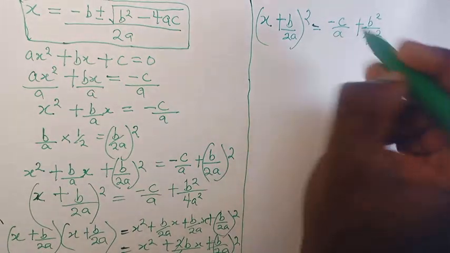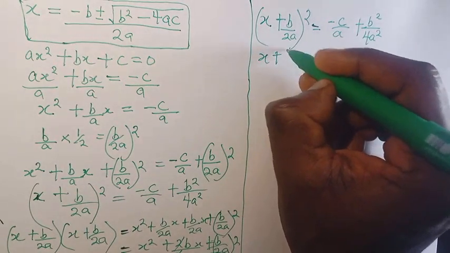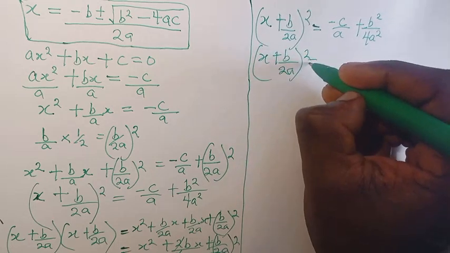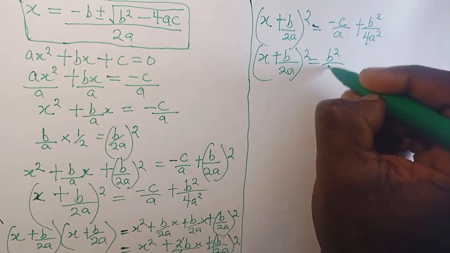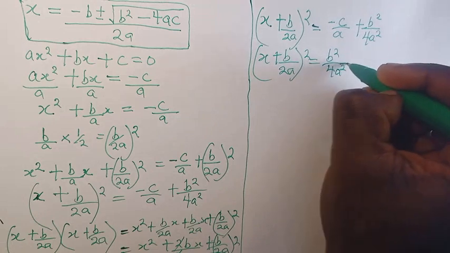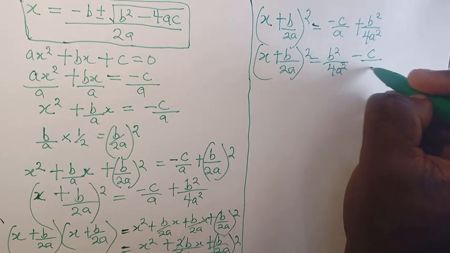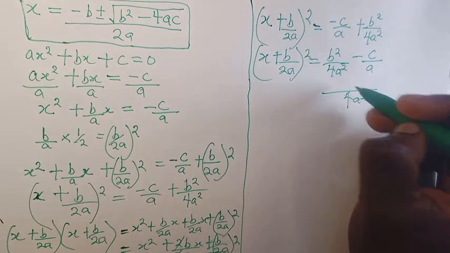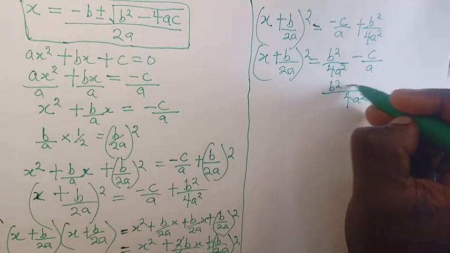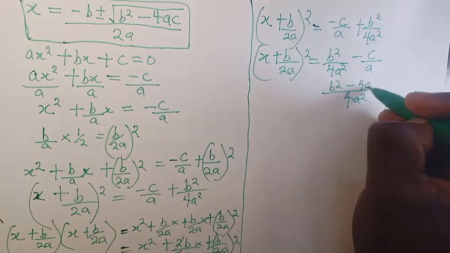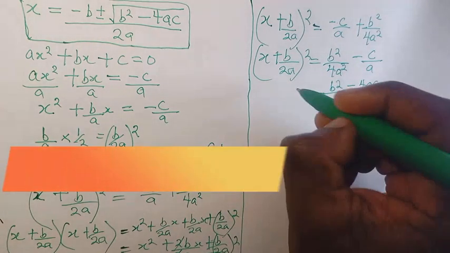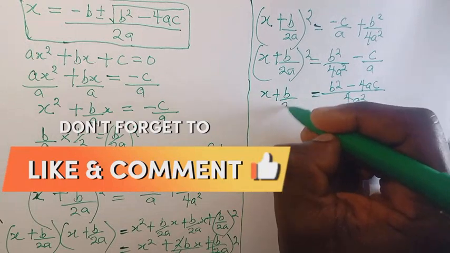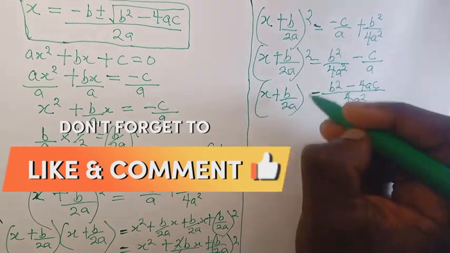Now I'm going to rearrange the right hand part. I have x plus this squared equals b squared over 4a squared minus c over a. Now let me just quickly make this a single fraction. So this is now going to become b squared minus 4ac over 4a squared, and this is equal to (x plus b over 2a) squared.